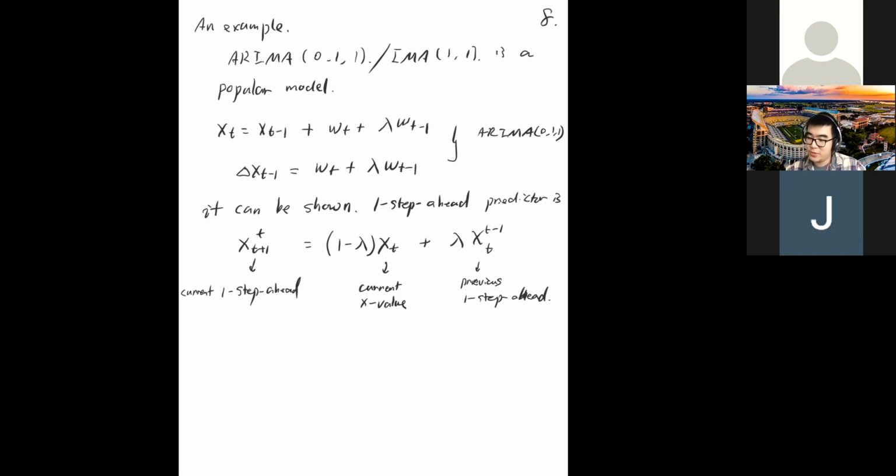You can see this predictor says the current one step ahead predictor is a weighted average of the current x value and the previous one step ahead predictor.